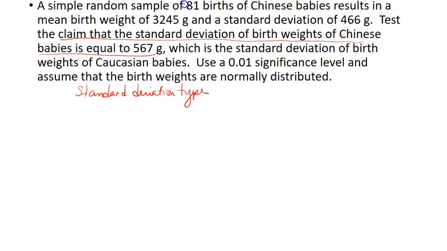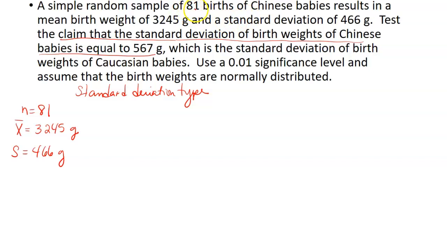So here I have a sample size of 81. And then we have a mean birth weight of 3,245 grams. So this is the mean, and it's the mean that's coming from the sample. So that's going to be an X bar, and the S is going to be 466 grams. It's an S and not a sigma simply because it is coming from our sample.